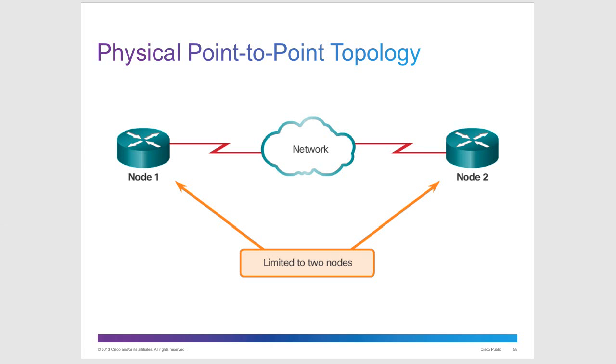You don't need any special addressing in the frame because there's only one place it's going to go. So usually the bit count of the address in a point-to-point frame is going to be lower than in other topologies. Because there's only two nodes, one on each side, the addressing can be very simple because it's really only going one place.